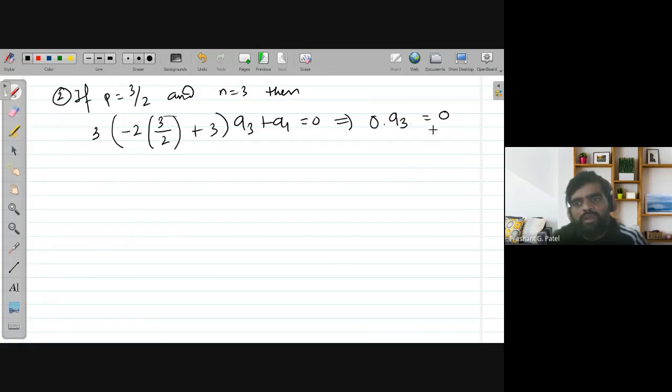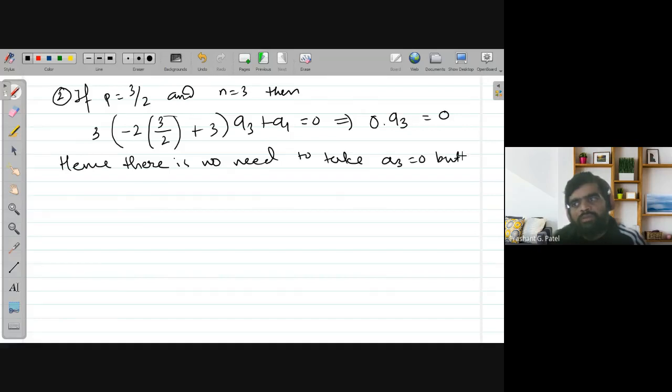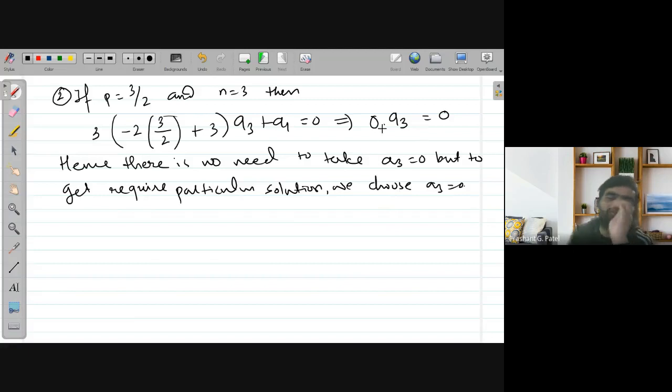So that means here also we can say that hence there is no need to take a3 equal to 0, but to get the required particular solution, we choose this a3 is 0.